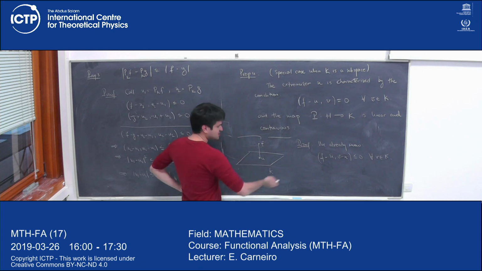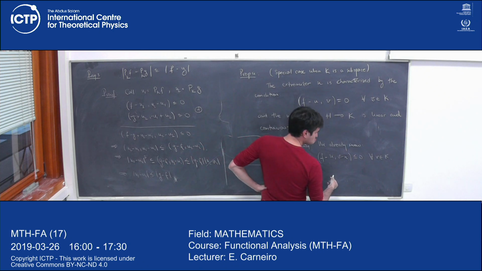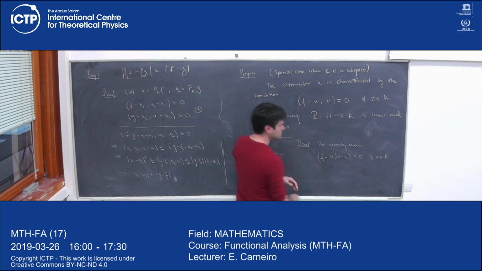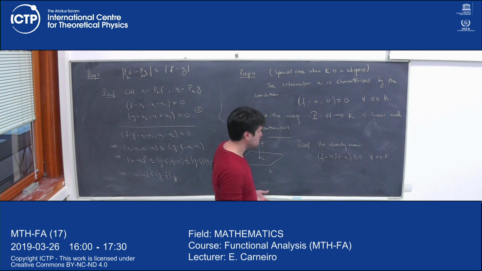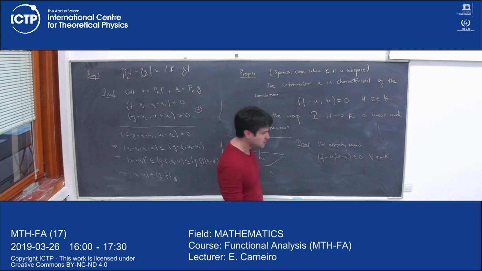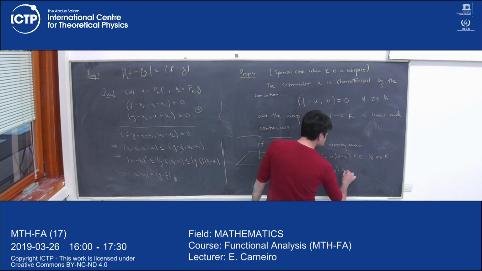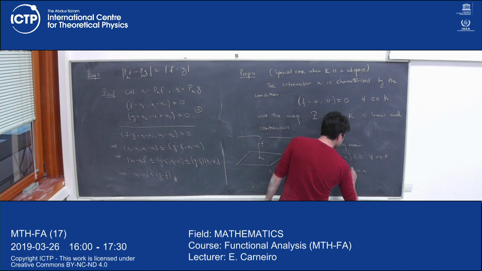Now, since my K is a subspace, I can just multiply V by T, a real number. So if V is in my subspace K, T times V will be there as well. Now let's open this thing up. We get T times (F minus U, V) is less than or equal to, on the other side, (F minus U, U).